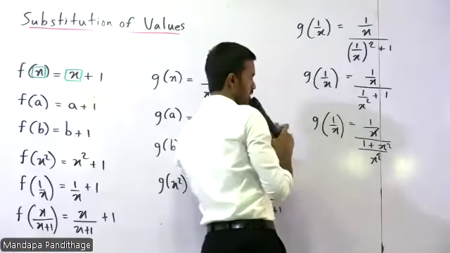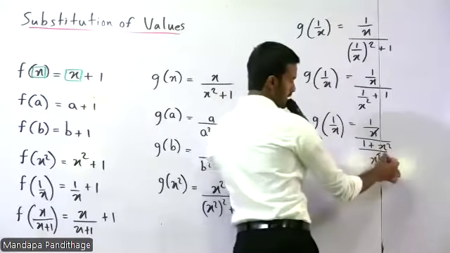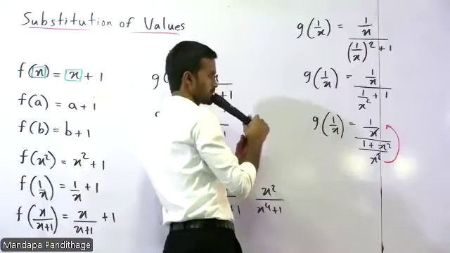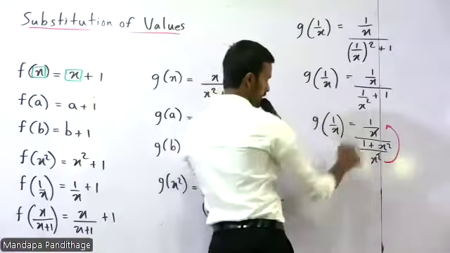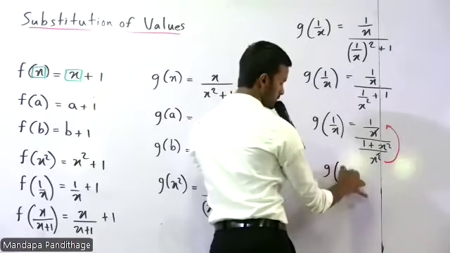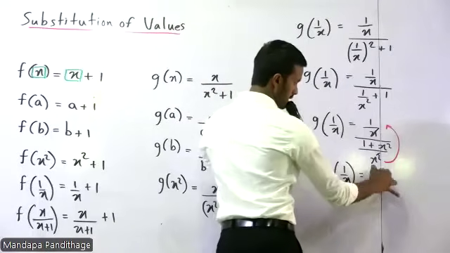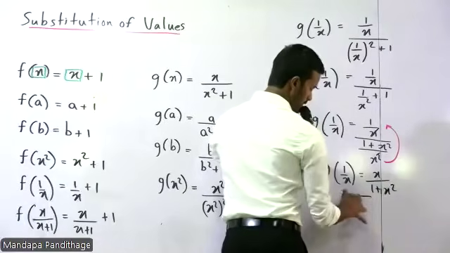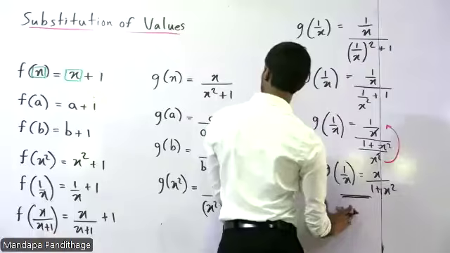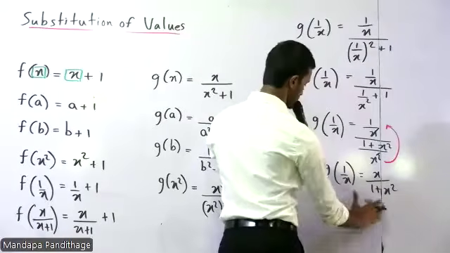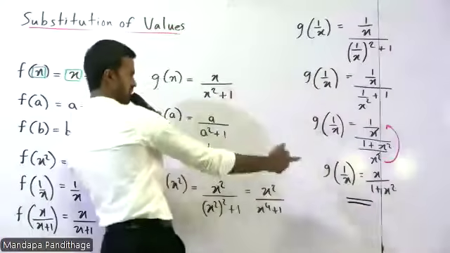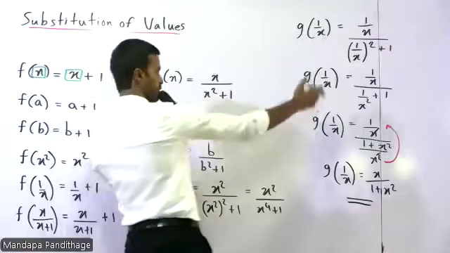So x squared and x cancel off. X remains and goes to the numerator. X and x squared cancel off, x is remaining. So what is g(1/x)? It's x over 1 plus x squared. Somehow we are coming to the same thing. According to this simplification, we come to the same place. That is okay, but that is g(1/x).